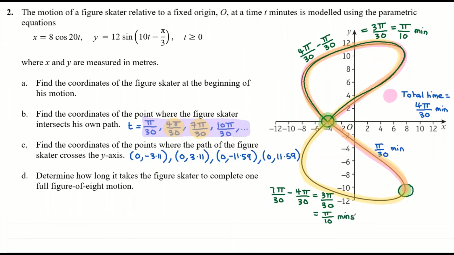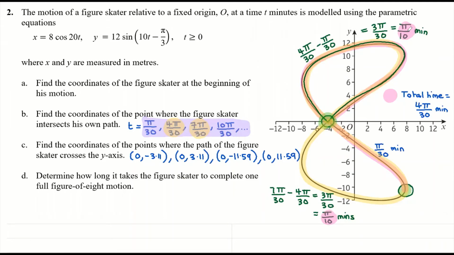So what that means is that for each of those upper and lower branches, the skater took pi over 10 minutes to complete each of those circuits.